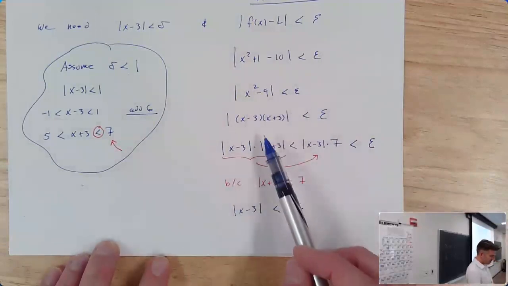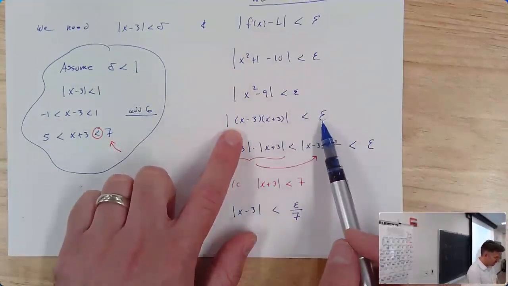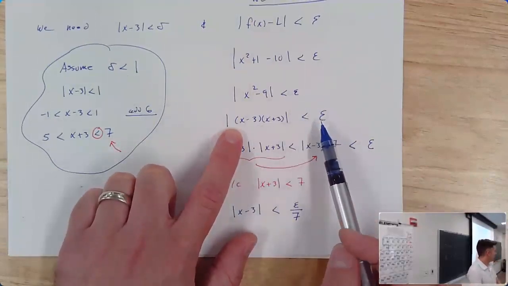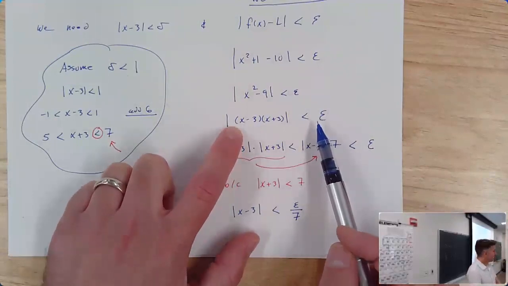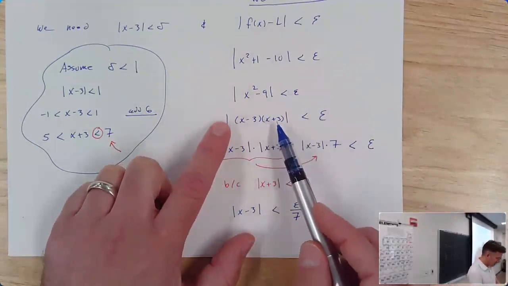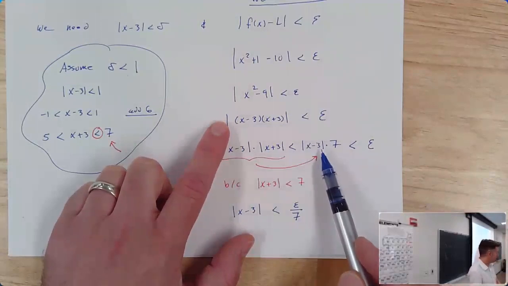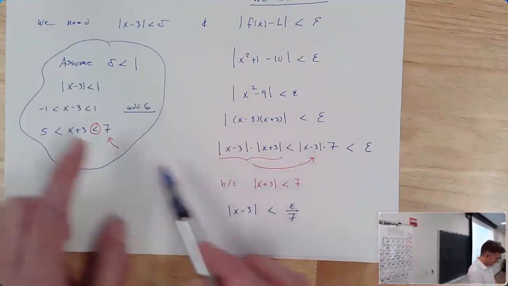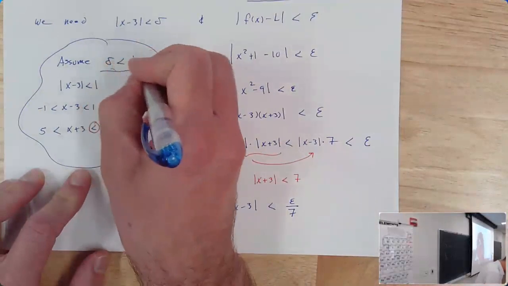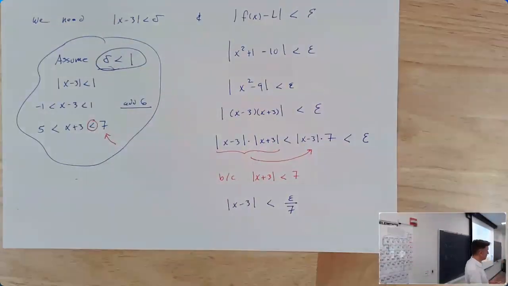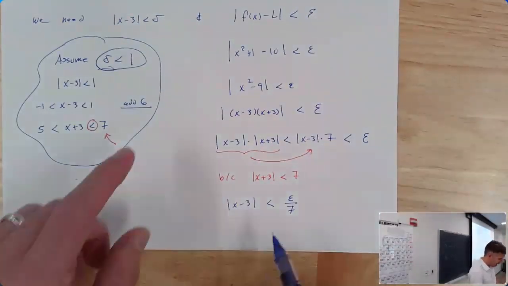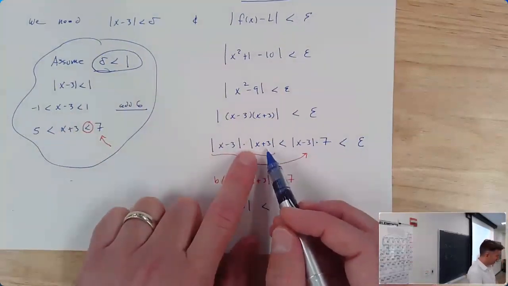At this point, I really want this to be less than that, but I don't know how to make that true. So instead I'll say there's something I know this is less than. Because assuming the delta is less than 1, I can say for sure that the absolute value of x plus 3 is less than 7.